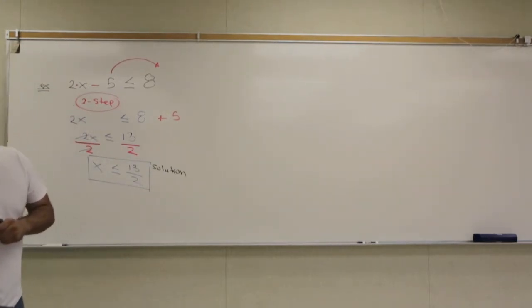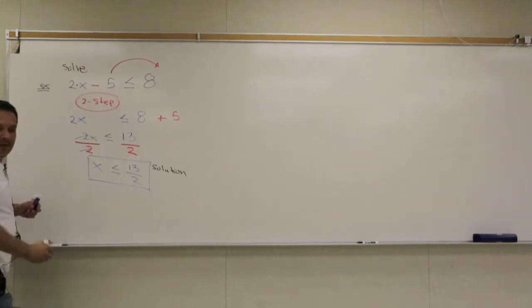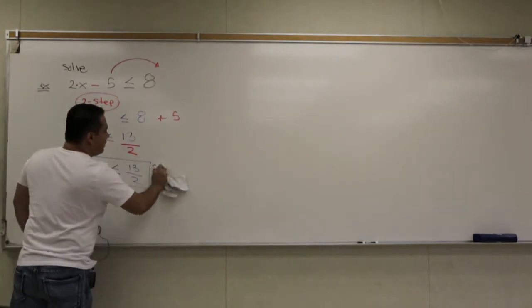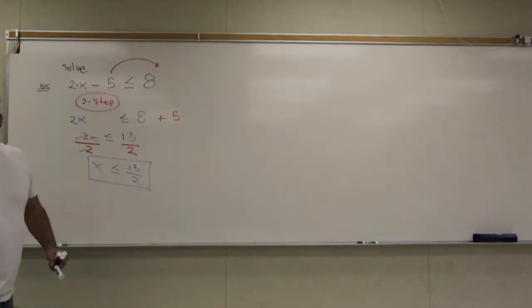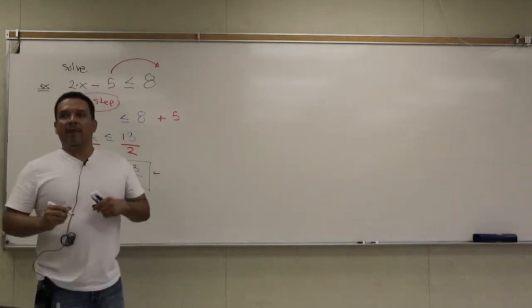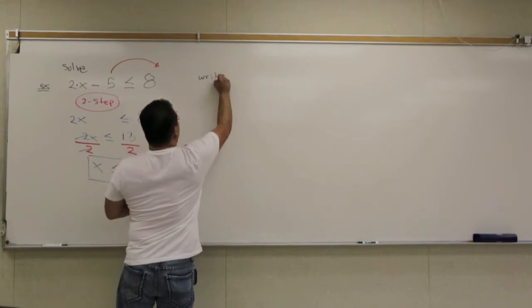Okay, so if they say to you solve, you've completed that task. What you now have to do, so we completed that, I'll put a check instead. What you now have to do again is they're going to ask you that they want you to write your solution how?